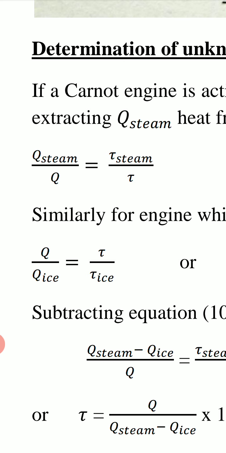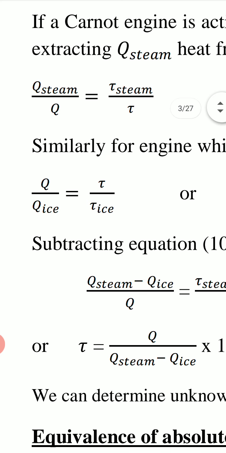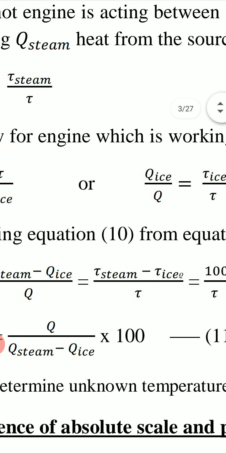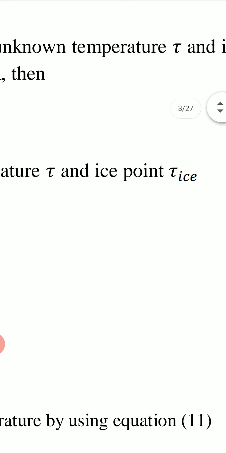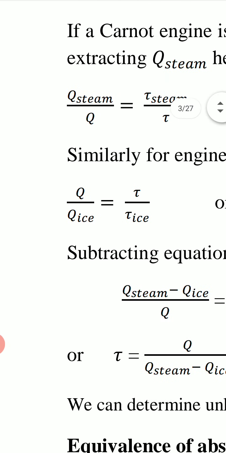Q is the heat rejected to the sink of temperature tau. Similarly, for an engine which is working between the unknown temperature tau and the ice point tau ice, we can write Q upon Q ice is equal to tau upon tau ice. We consider another Carnot engine which is working between these two temperatures tau and tau ice. This ratio tau upon tau ice is equal to Q upon Q ice.